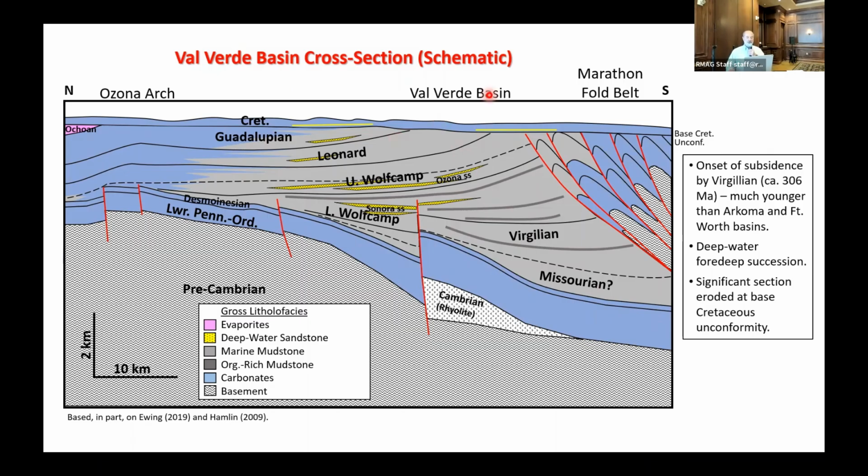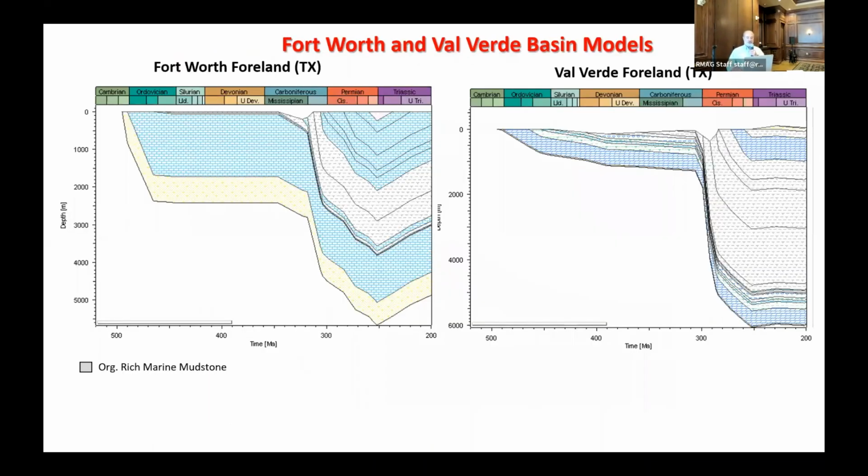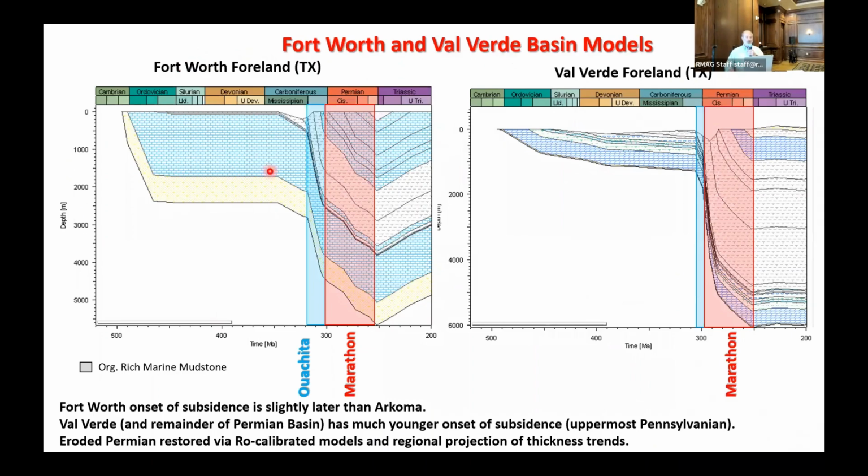Again, we've had to restore it for the Leonardian and Guadalupian here, but the subsidence is really initiating in late Pennsylvanian time instead. So we've gone from onset in the late Mississippian to onset in the late Pennsylvanian, 20 million years later. So you can't average through these things. And here's the Fort Worth, there's the Marathon. You see it getting younger again from the Fort Worth Basin to the Marathon.